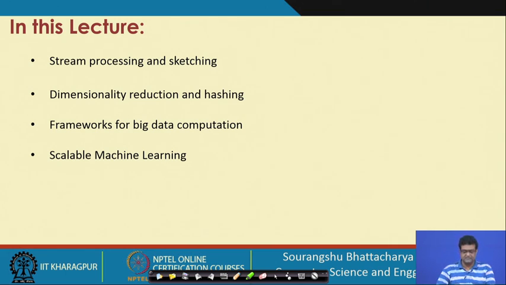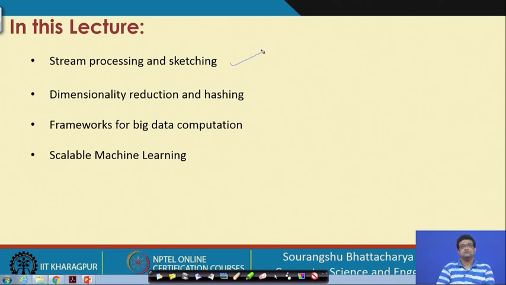The first is stream processing and sketching. We will have an introduction to what is stream processing and sketching, and we will see a small toy problem, or rather an introductory problem, which is called the problem of reservoir sampling. This is to give you a feel of the kind of things that you will be seeing in this course.